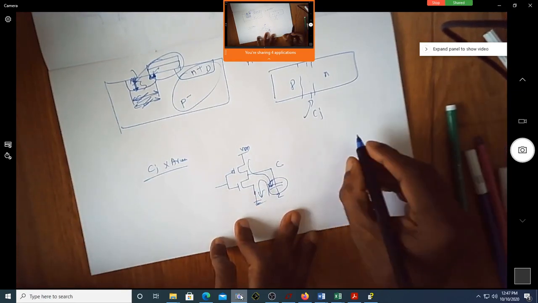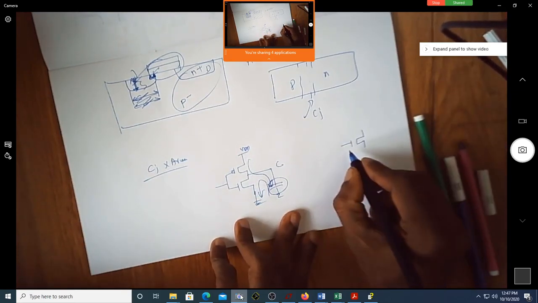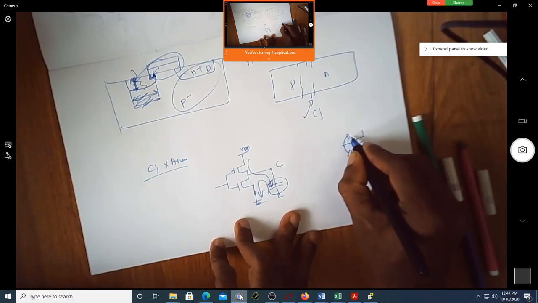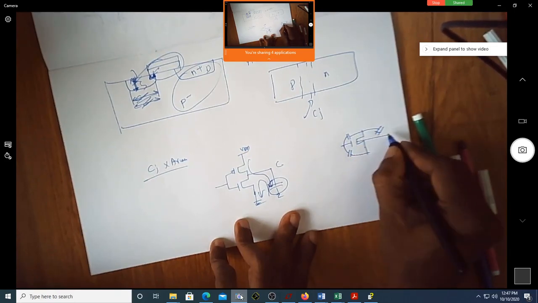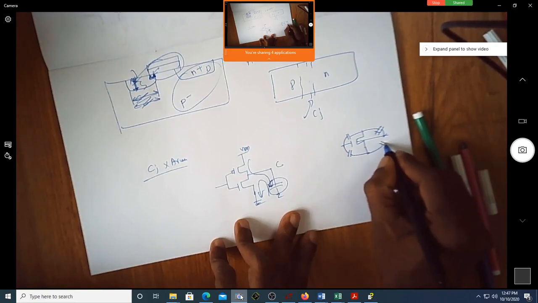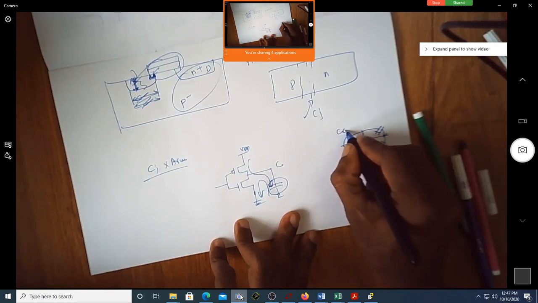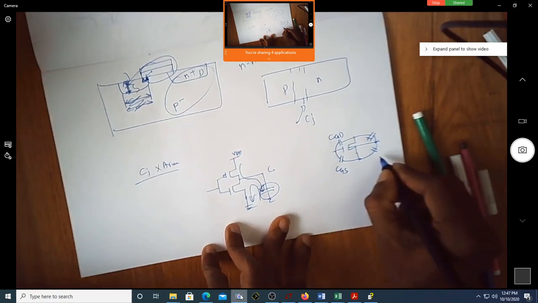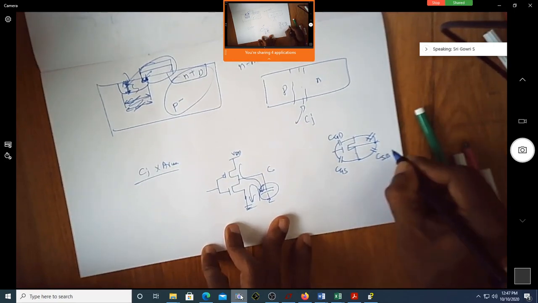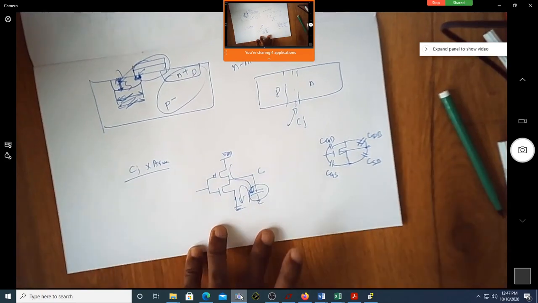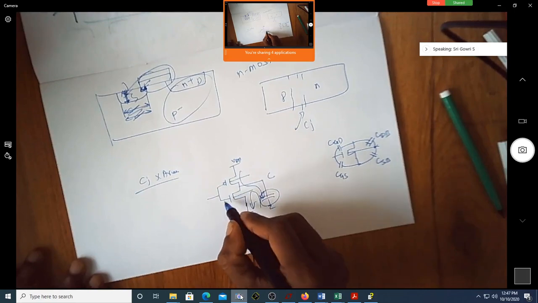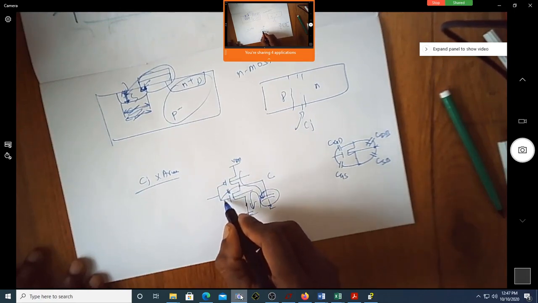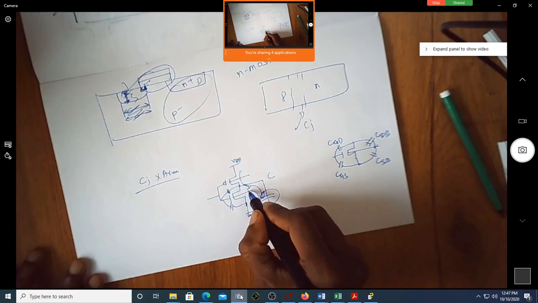If you take a single MOSFET, do we have capacitances like this? If I say this is the bulk, this is CGD, CGS, CSB, CDB. Correct? Yes, sir. There is a bulk here, there is a bulk here. Can I write a capacitance like this, like this, like this?